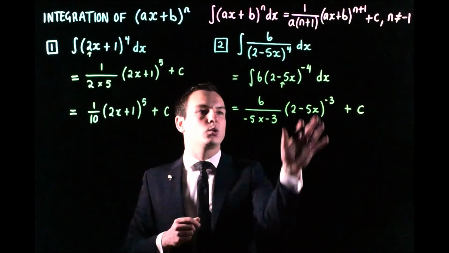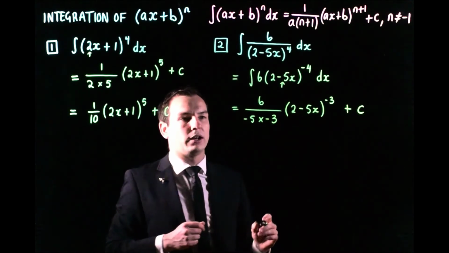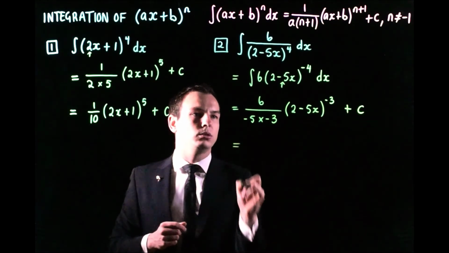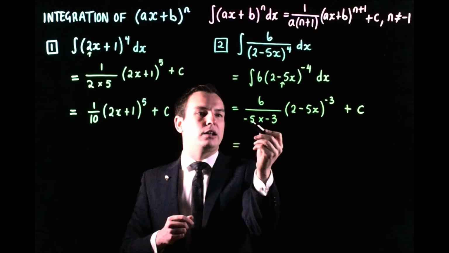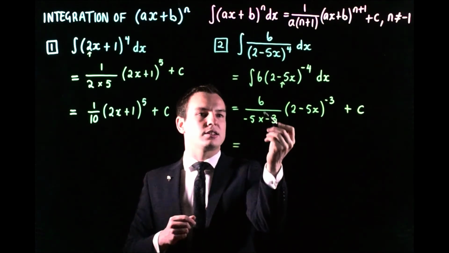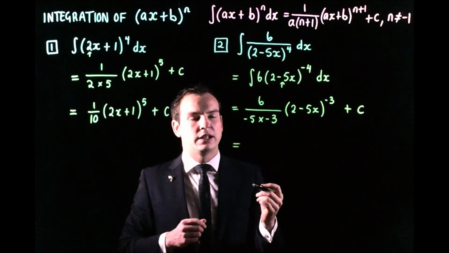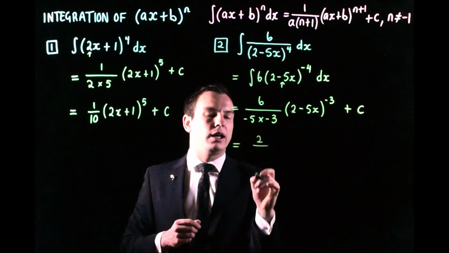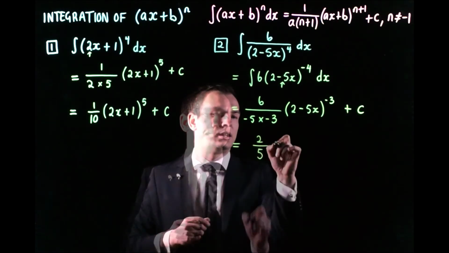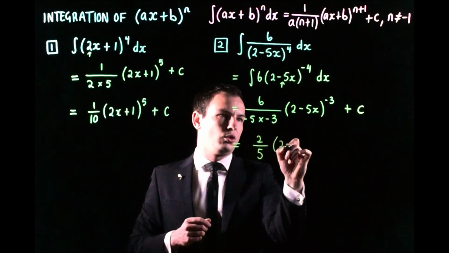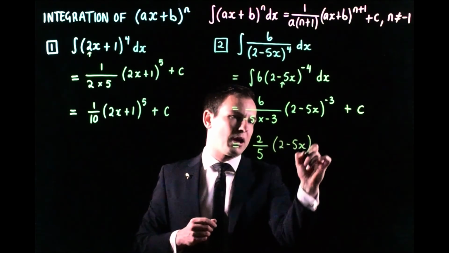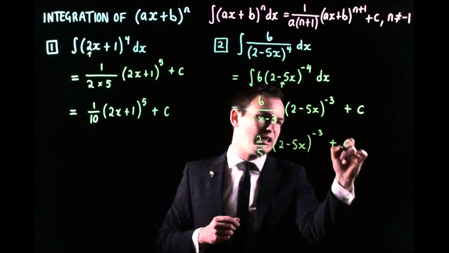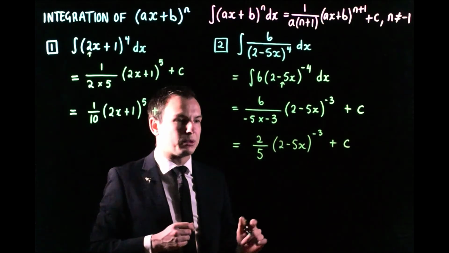And now we can just quickly clean this up before we put our final answer down. So this is going to equal, and 6 divided by -5 times -3 is 6 divided by +15, and that can actually simplify to 2 divided by 5. And then you would have (2 minus 5x) to the power of -3 plus c, and that would be a perfectly acceptable answer.